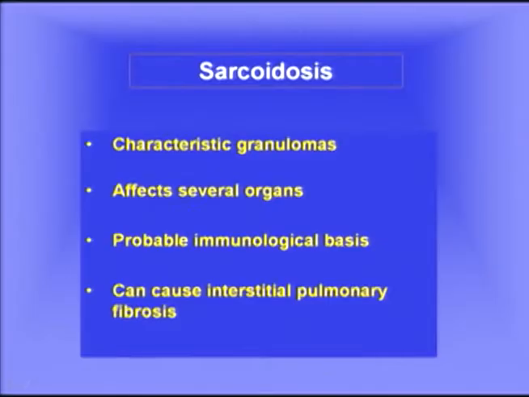Okay, now let's move on and let's look at other diseases that can cause interstitial fibrosis. I'm not going to go into these in detail because the pathophysiological, the functional changes are similar in all these conditions. But we should just mention sarcoidosis, for example, which is a disease that can cause interstitial pulmonary fibrosis in the later stages.